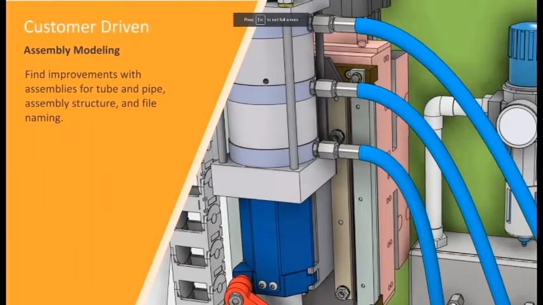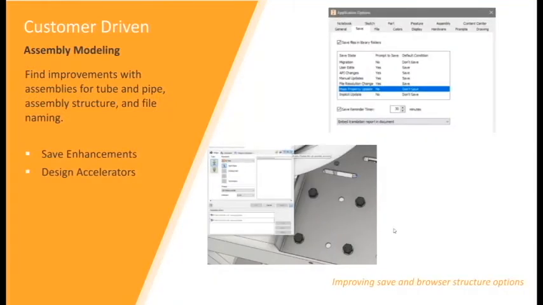Some other improvements in the assembly environment are tube and pipe assembly structure and file naming. Now you can go into your tools, application options, and you can rename your pipe runs and things like that.